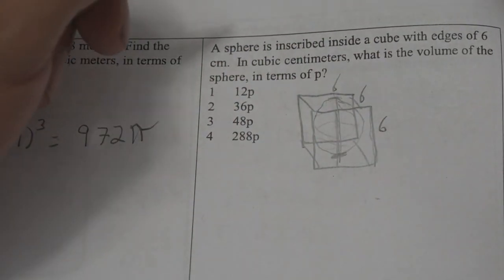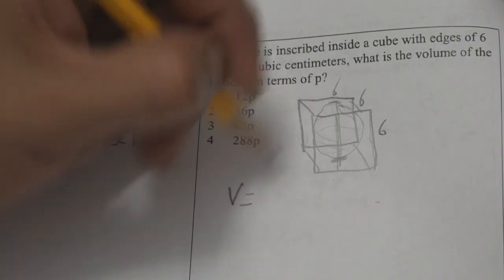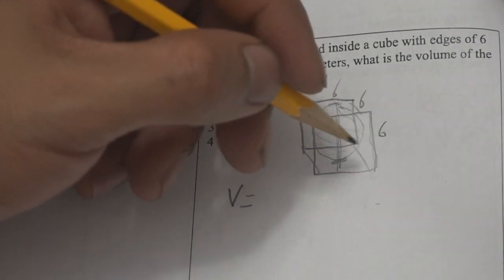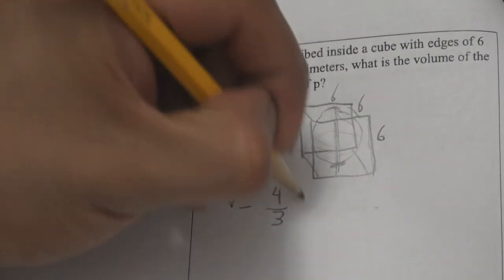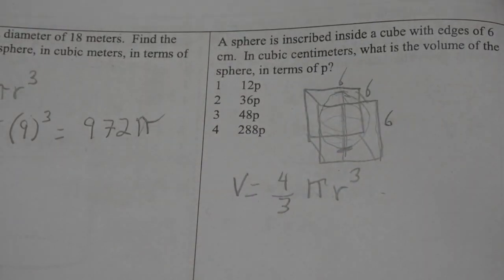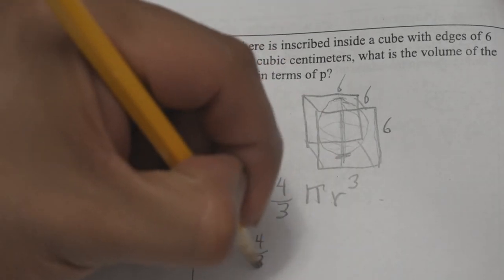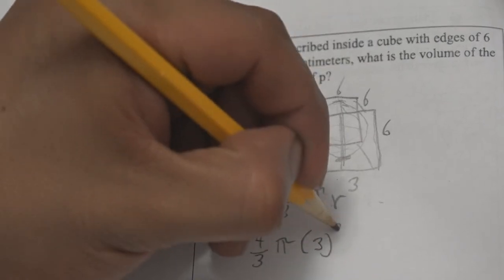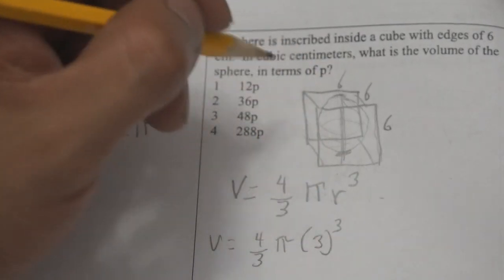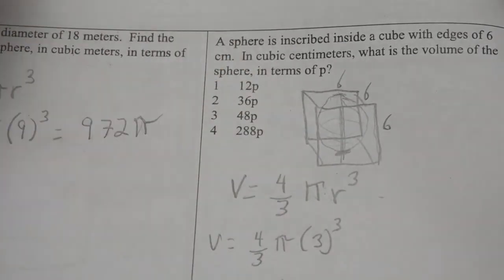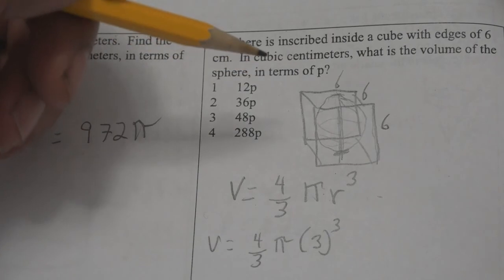They want the volume. The volume of a sphere, let me look at the reference sheet, is 4/3 pi r to the third. Everything that is volume has to be to the third power. So volume equals 4/3 times pi times the radius, which is 3 to the third power. So the volume equals 36 pi. As simple as that. Good?